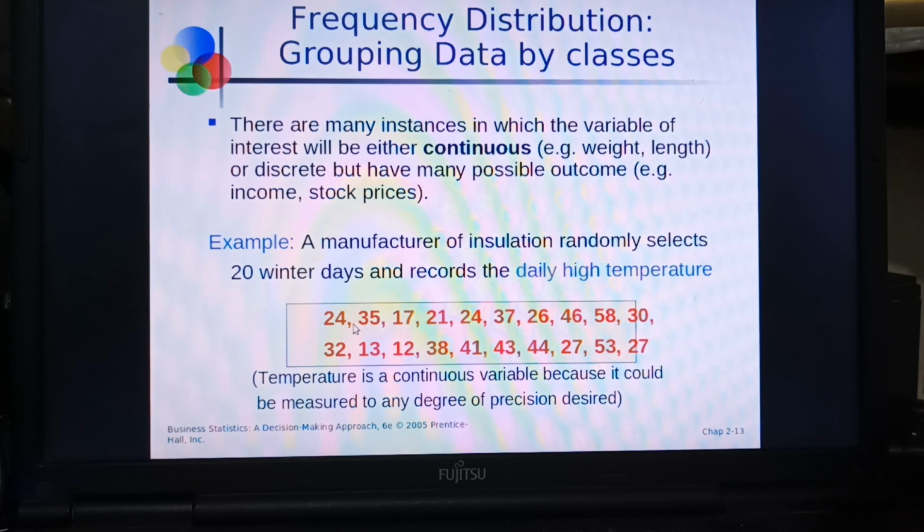Here they have this data 24. This is daily high temperature. High na siya, I think this is in Fahrenheit, not Celsius. It says here temperature is a continuous variable because it could be measured to any degree of precision desired.